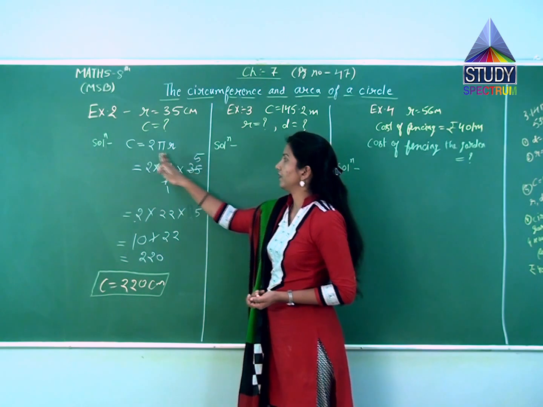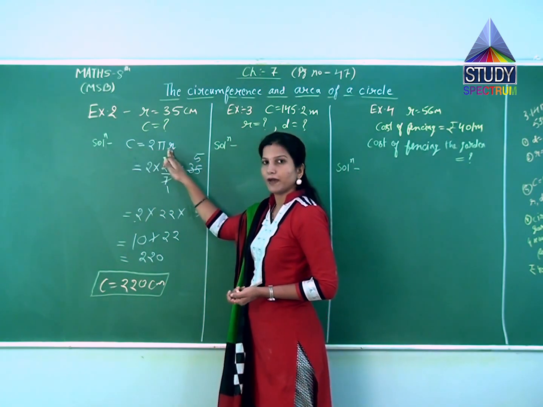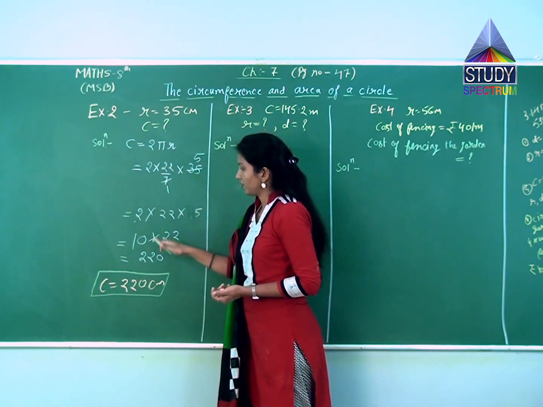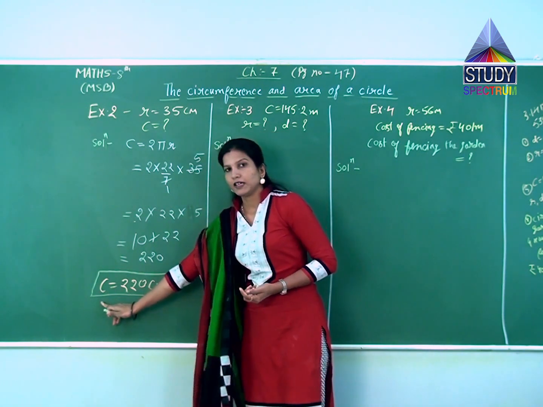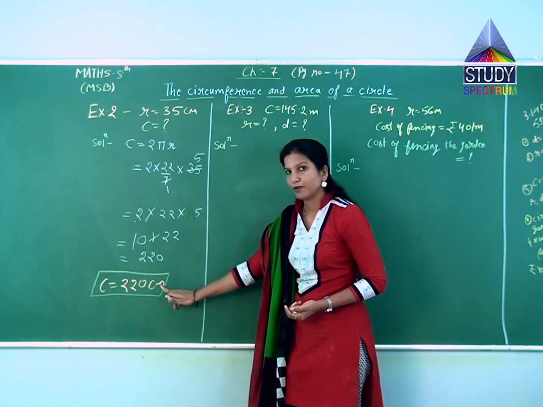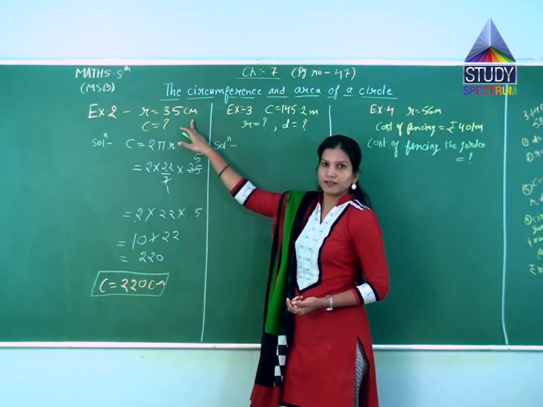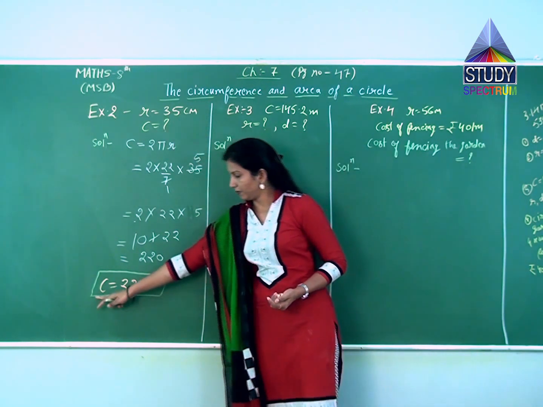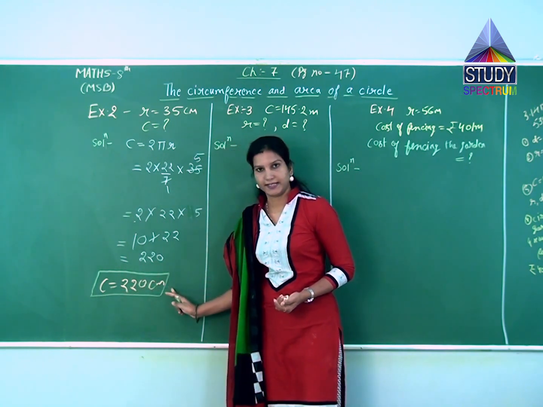So we are applying here the formula C is equal to 2 pi r, and after substituting the values, we get C is equal to 220 centimeters. Why centimeter here? Because our radius is given in centimeters.